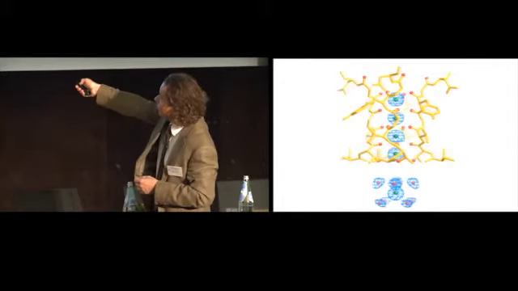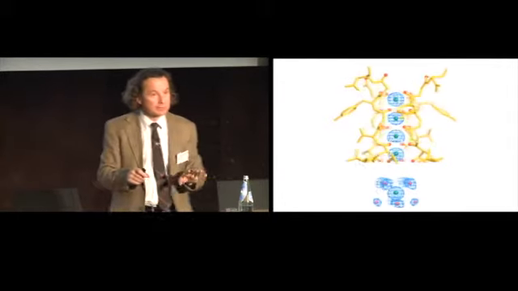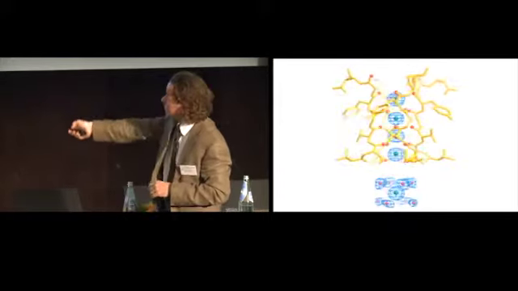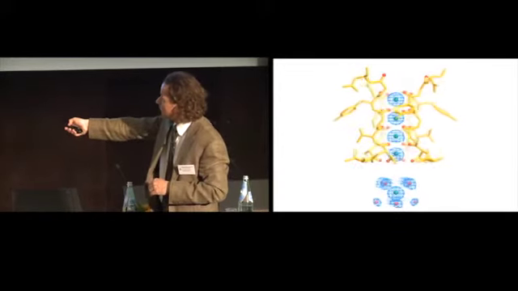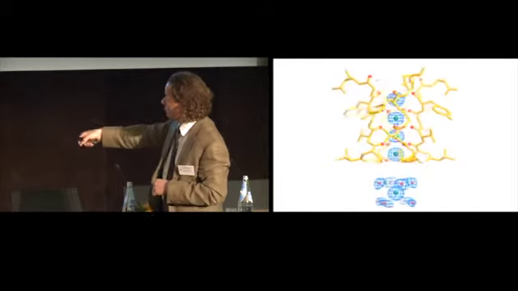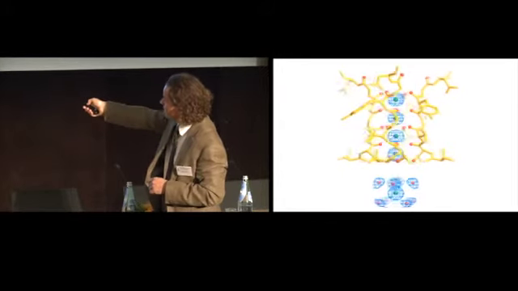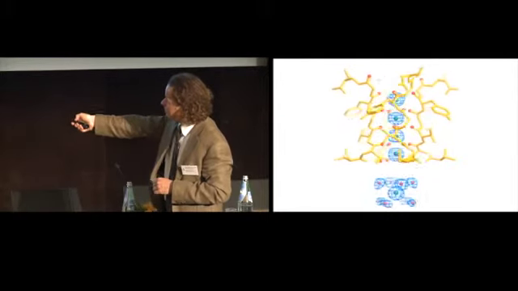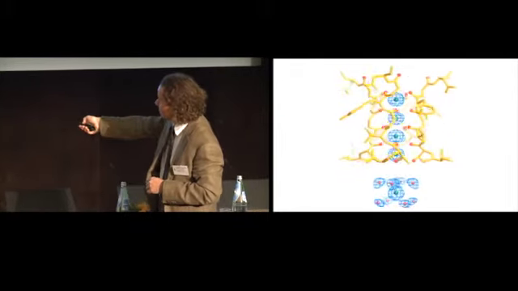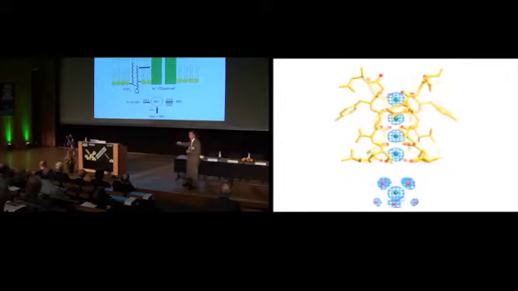So the cell membrane is made of lipid molecules, but there are some special lipid molecules, and PIP2, phosphatidylinositol 4,5-bisphosphate, is one such. When it binds to the channel, it causes it to open. Now, PIP2 level in the membrane is controlled by many, many different enzymes.